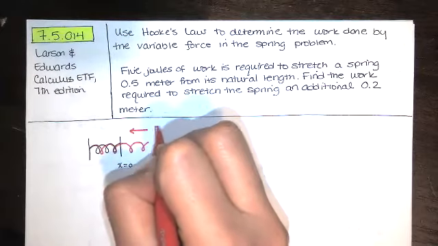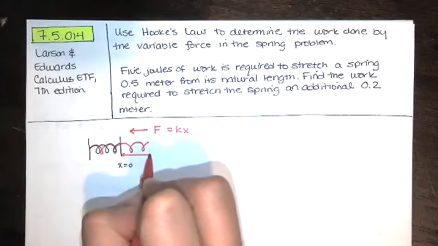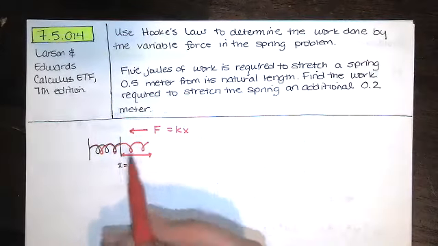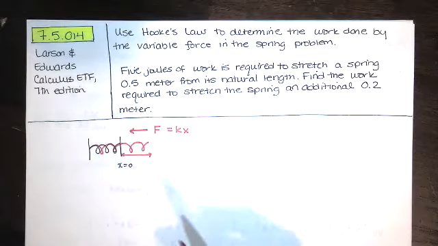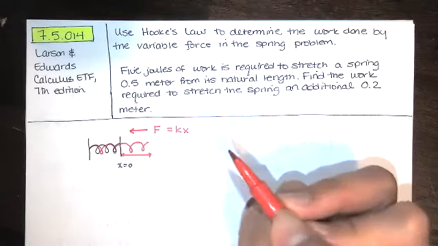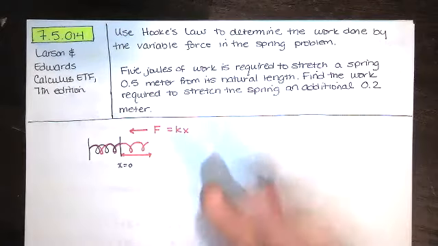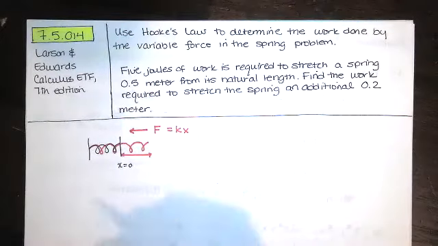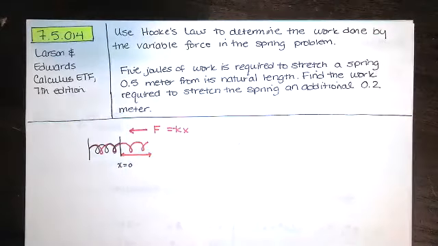And that force is given by k times x, where x is the distance the spring has been stretched from its rest position. Typically, this is given by negative k times x because it's always going in the opposite direction. So we'll say negative kx.